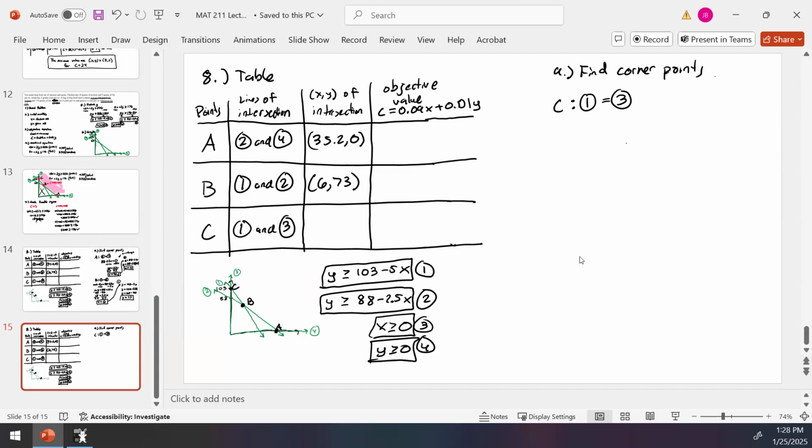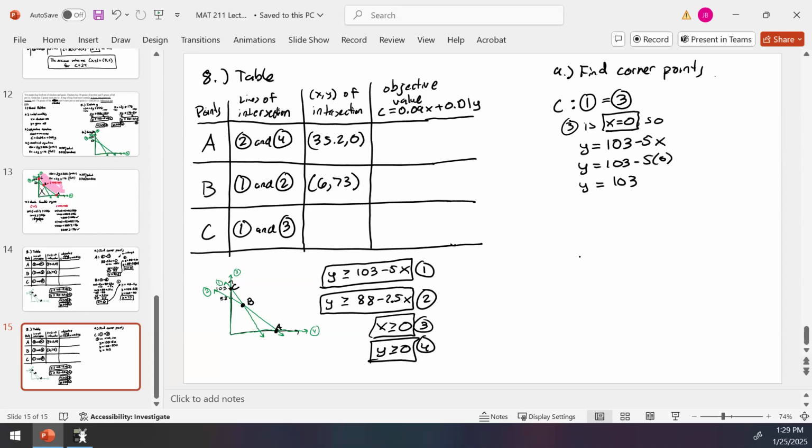So here's the problem. The reason you can't really do 3, like setting them equal to each other, is because 3 is an x equation. So this is a scenario, right? So 3 is x equals 0. So if I set equation 1 like this, then I just say 103 minus 5 times 0, y equals 103, right?